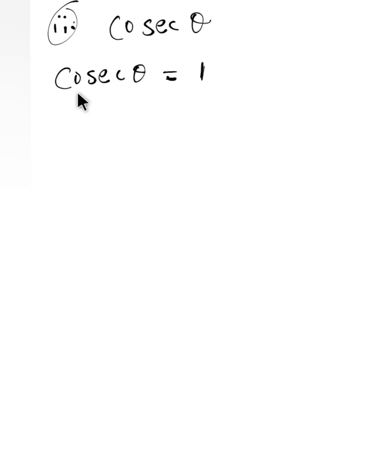It lies in the third alphabet. Hence, cosec theta is 1 over the trigonometric function that begins with s, which is the third letter here. The trigonometric function that begins with s is sine theta. So applying this will give us 1 over sine theta.